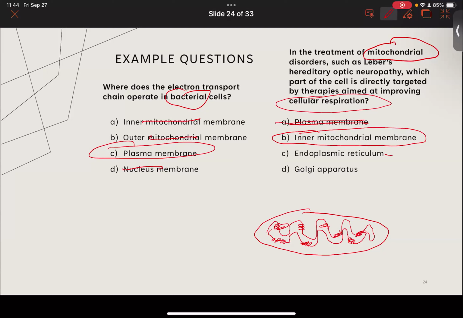Remember, the ER is where we see protein and other molecule production and modification, and the Golgi apparatus is for packaging and transport.